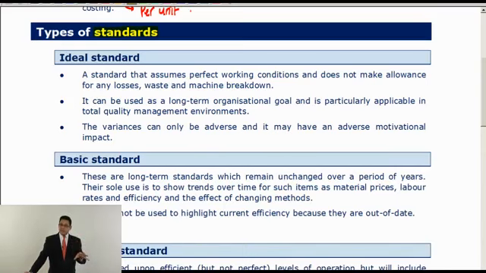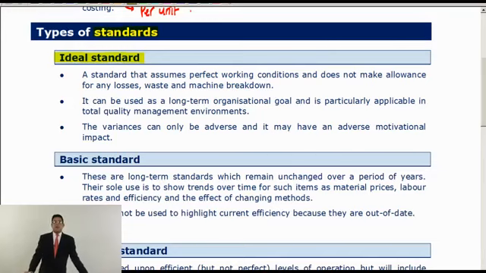So the idea is, when we set targets for the managers, when we set expectations or anticipations for the managers, what do we expect? Number one, ideal standards. In the ideal environment, we expect from our managers that everything will be under perfect working conditions.